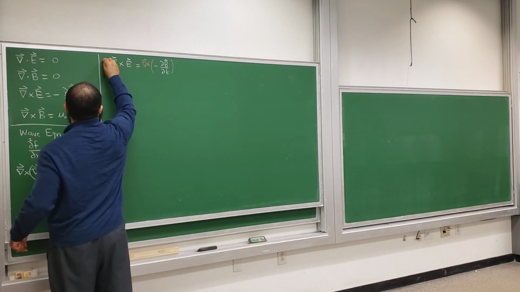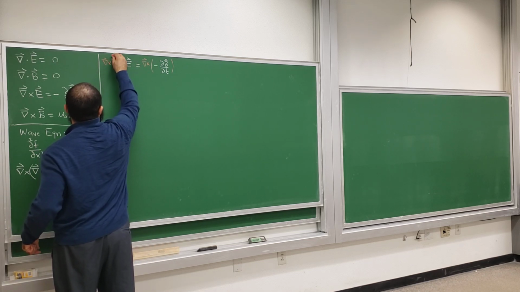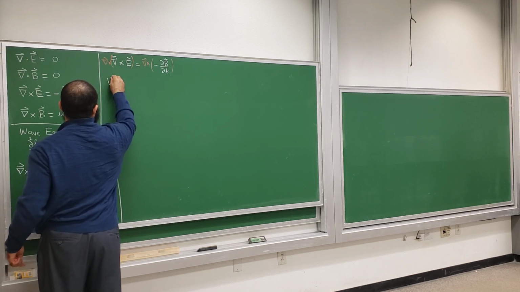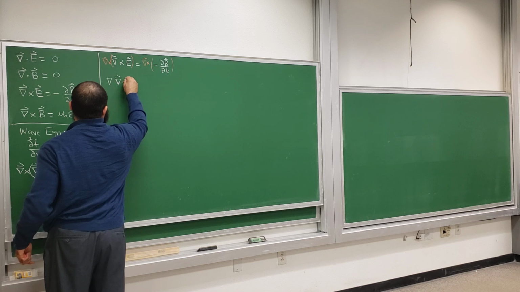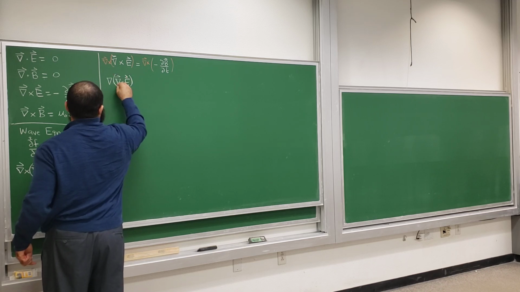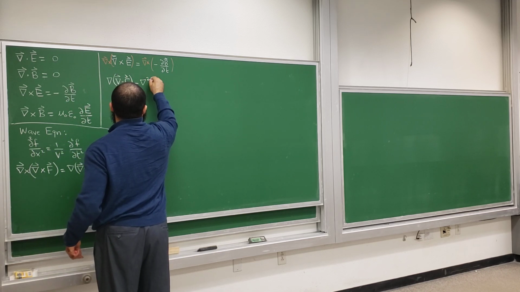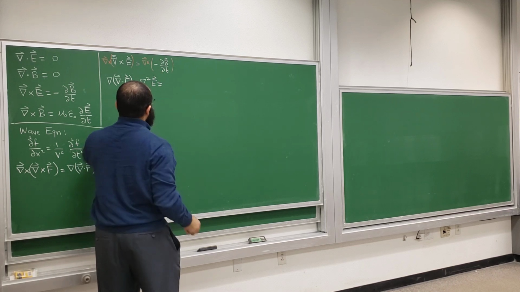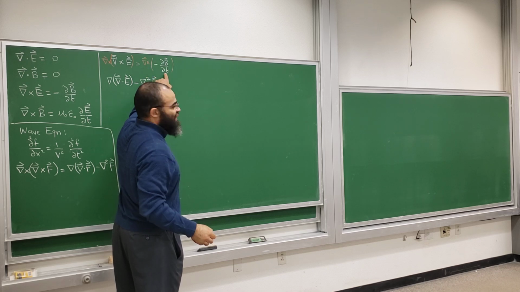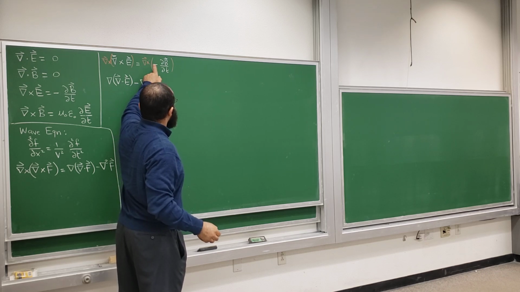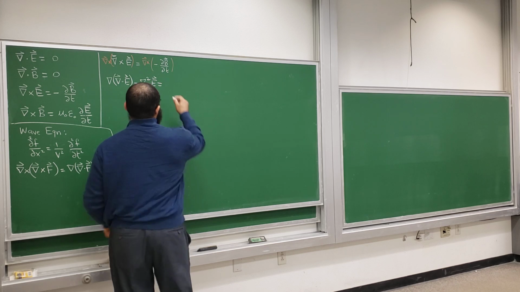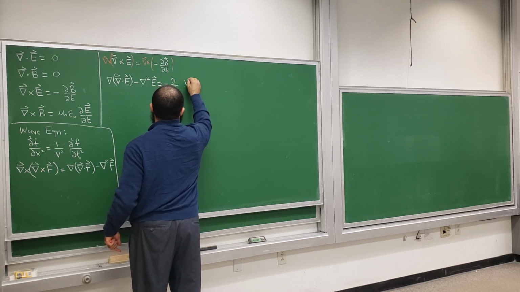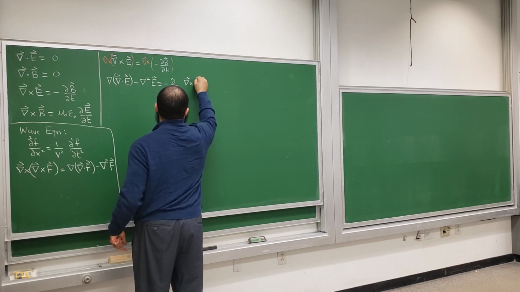I'm going through this quick because we did it last time, so this is just a quick review. So this is simply the gradient of the divergence of E minus the gradient squared of E, equals, next we can take the time derivative and then the curl, or we can take the curl and then the time derivative. So we write this minus d dt of the curl of B.